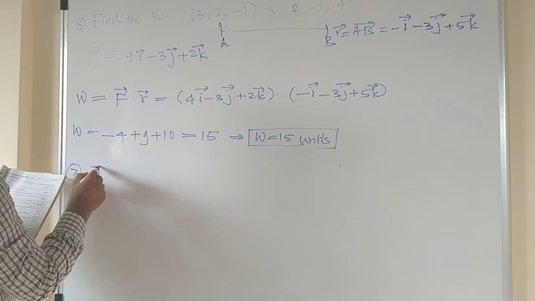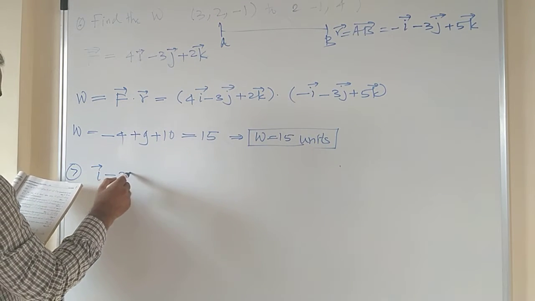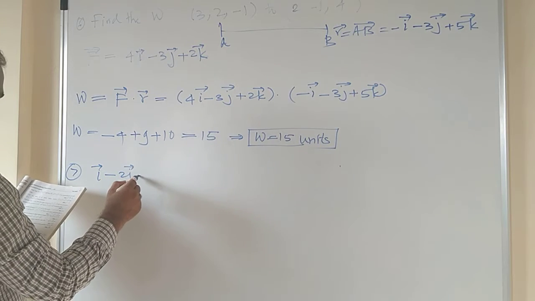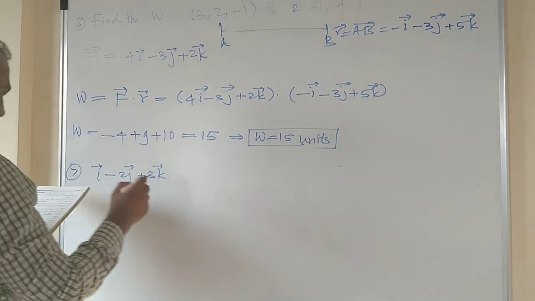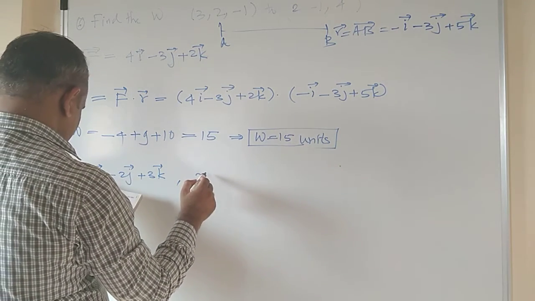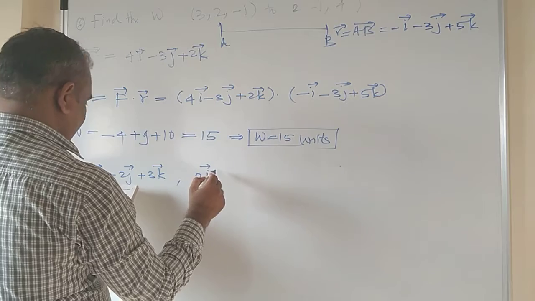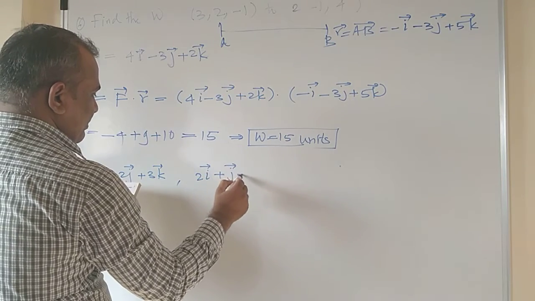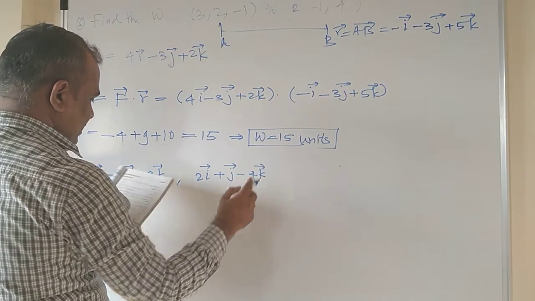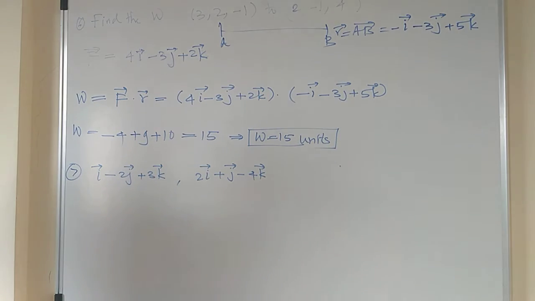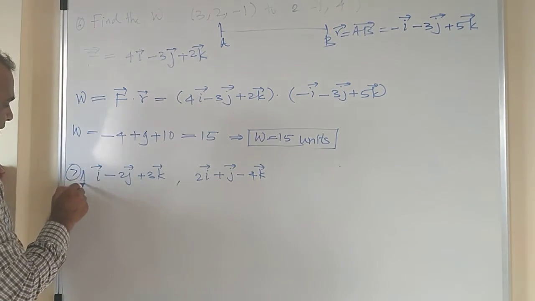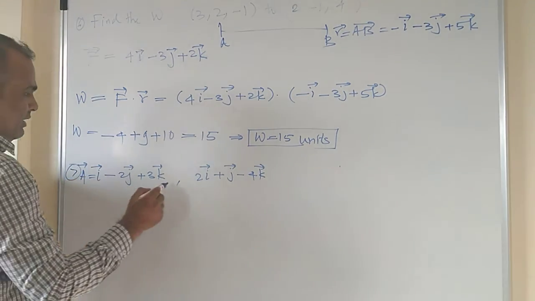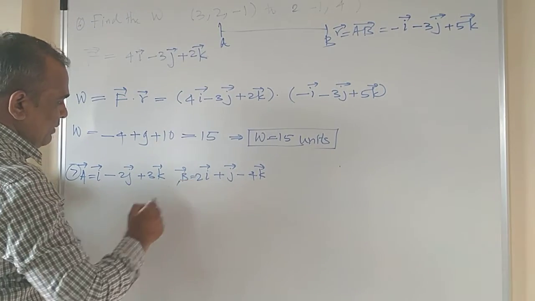Your first adjacent side is i bar minus 2j bar plus 3k bar, and the second is 2i bar plus j bar minus 4k bar, and you are asked to calculate the area of the parallelogram. Let us say this is a bar and this is vector b bar.